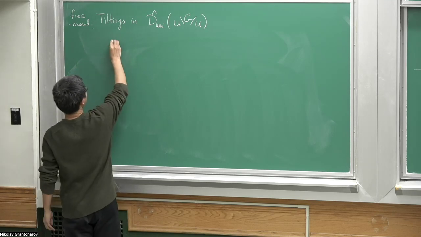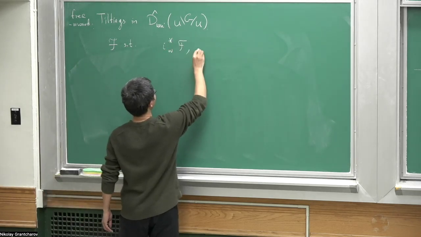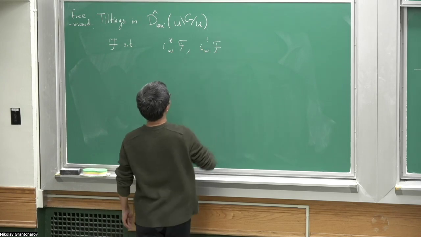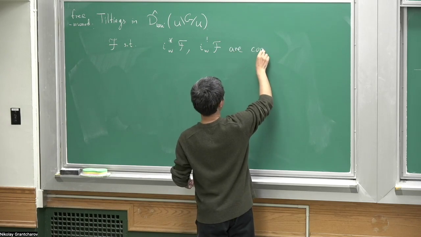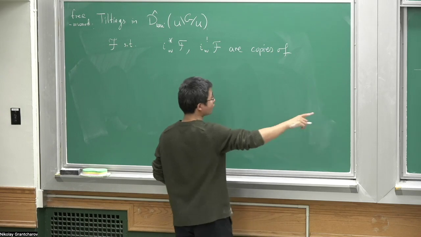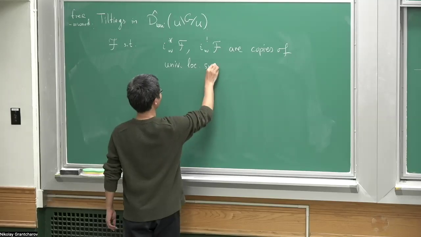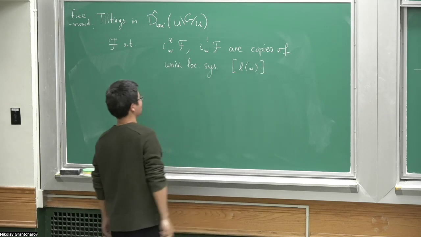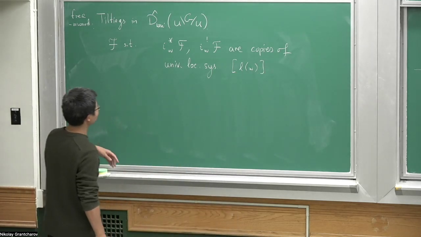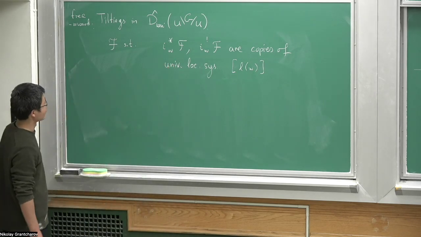These are objects F such that when I restrict, they are both finite direct sum copies of the universal local system, and shifted to this reverse degree. Okay, so I want this freeness over the power series ring.